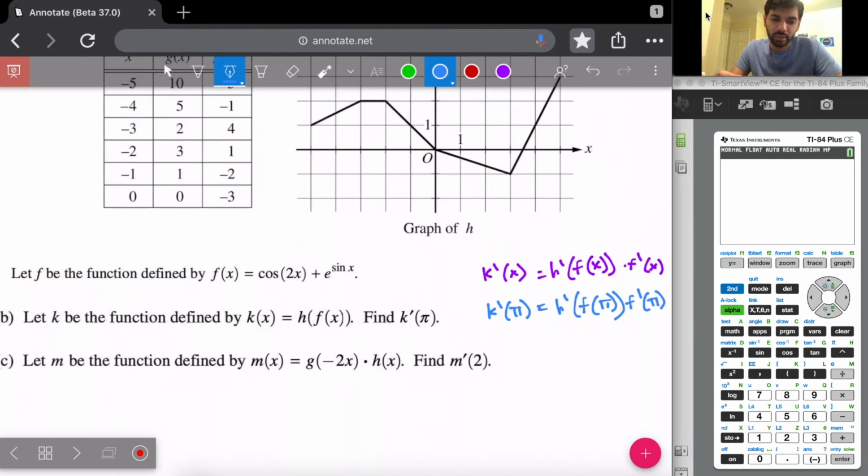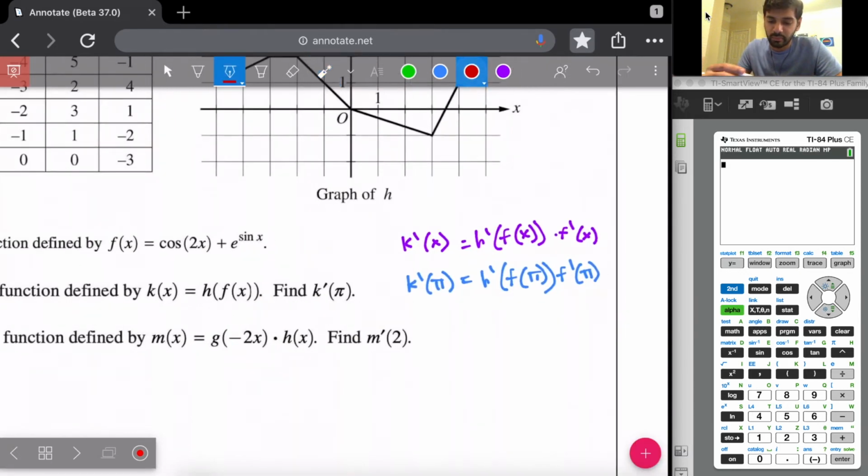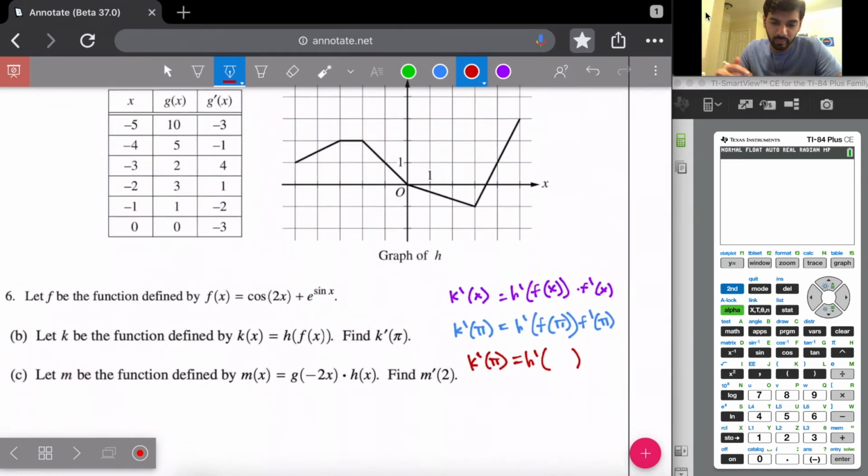Now here's where people often get confused: f of pi. This value is going to be the input for the h prime part as well. So k prime of pi is going to be h prime of something. Now f of pi, here's my function, cosine of 2 pi plus e to the sine of pi.